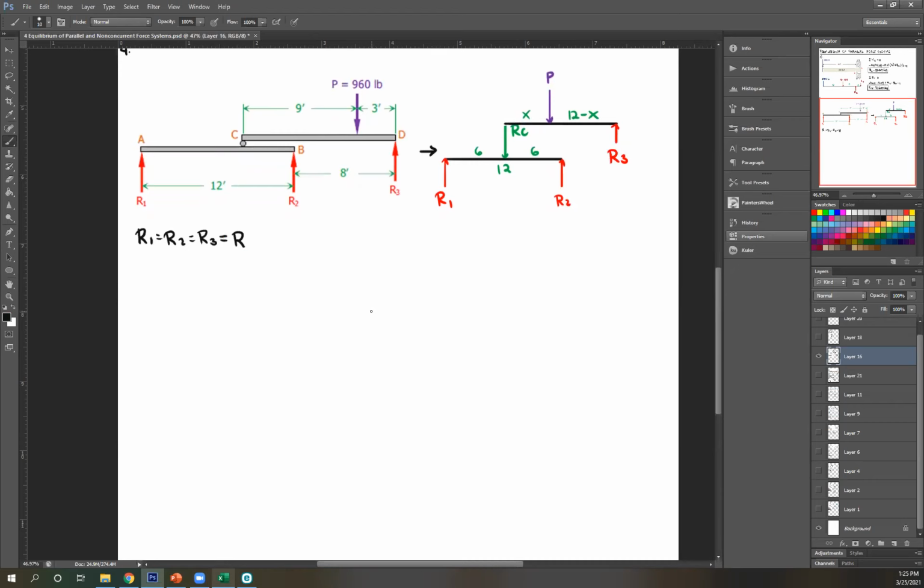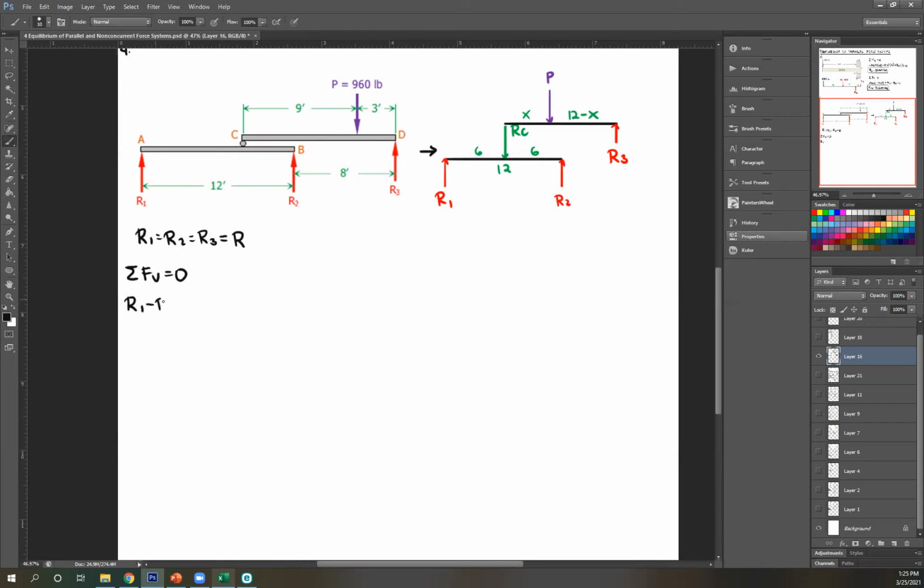So after drawing my free body diagram, I can create equations out of this. So let's start here, using this free body diagram. Summation of forces vertical equals 0. So R1 is upward, therefore positive.